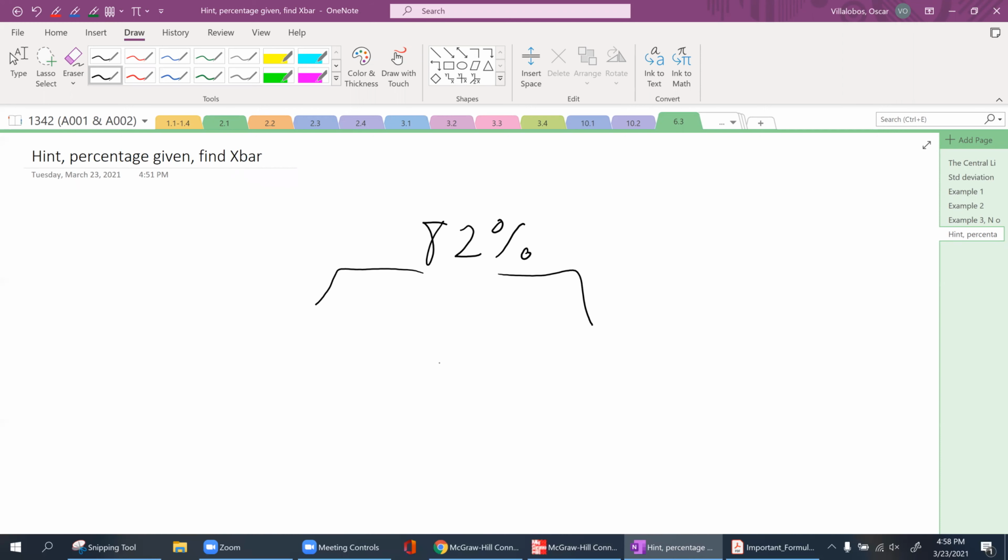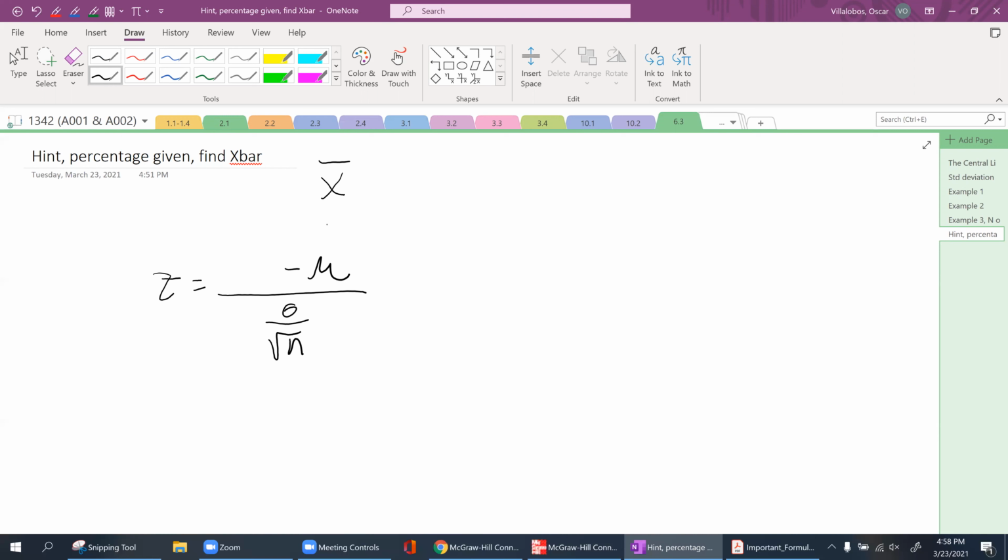You're going to have something like that here as well, where I give you everything except x bar, and you have to solve for x bar. I'm going to give you a probability. You then have to find the z value that corresponds to that probability.